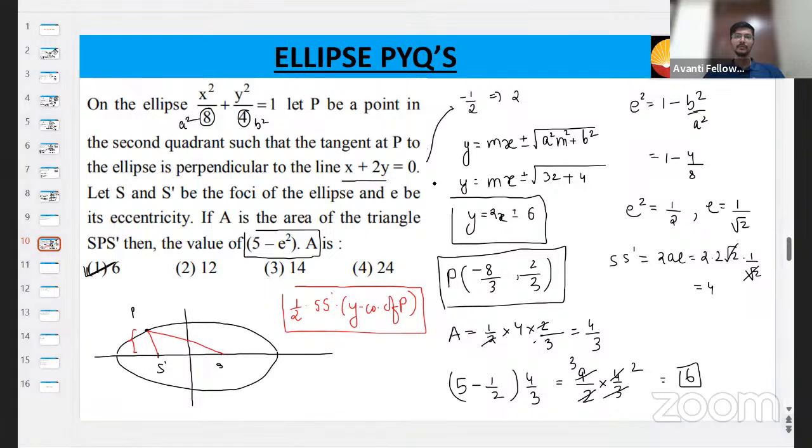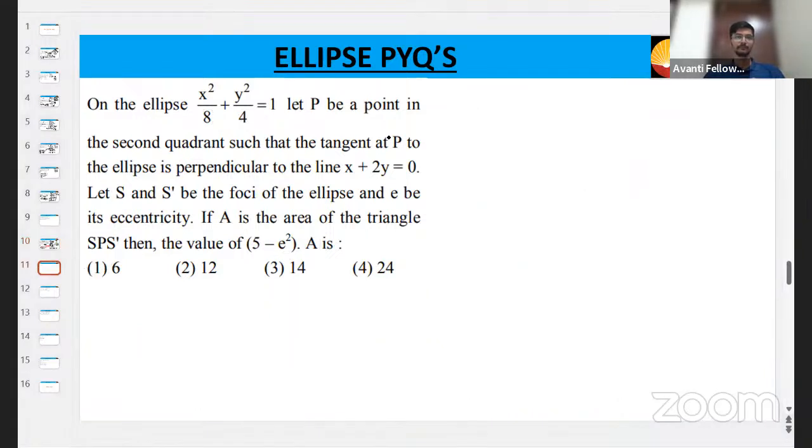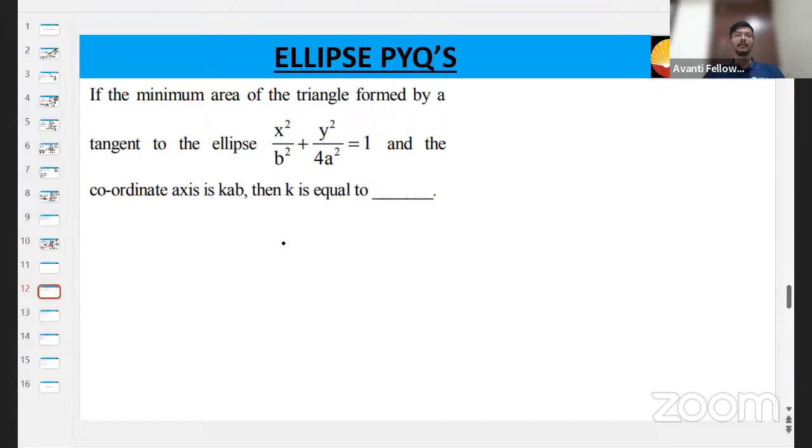Okay, guys, let's move to the next. If the minimum area of the triangle formed by a tangent to the ellipse and the coordinate axis is KAB.